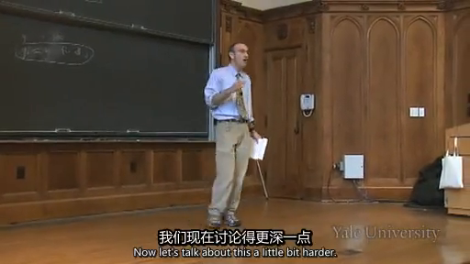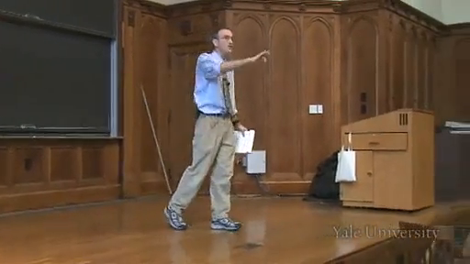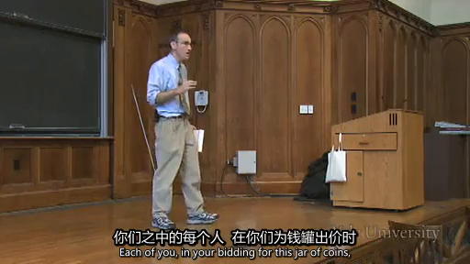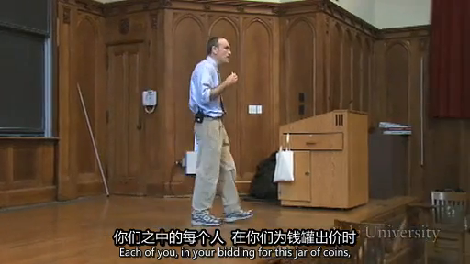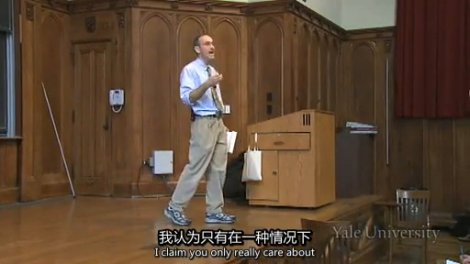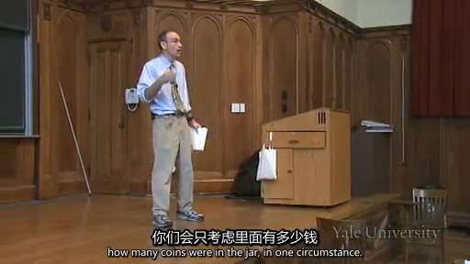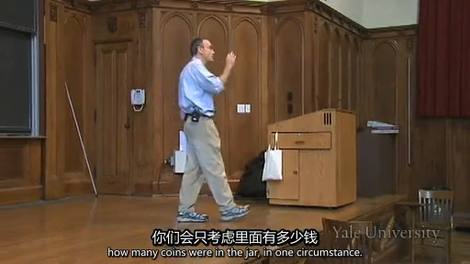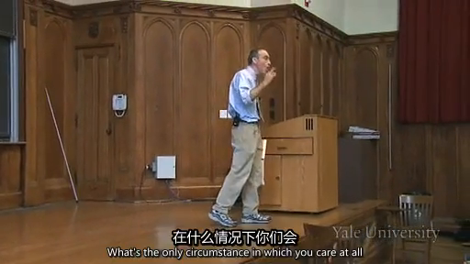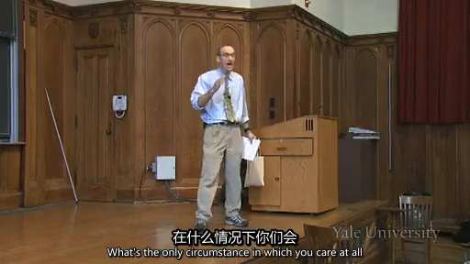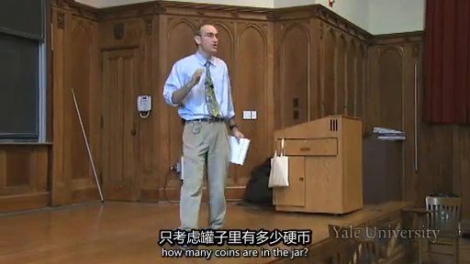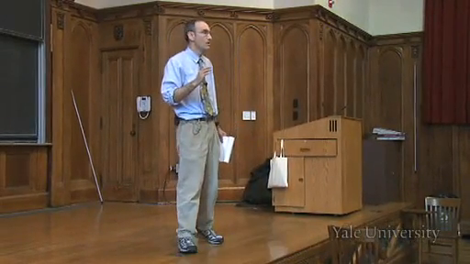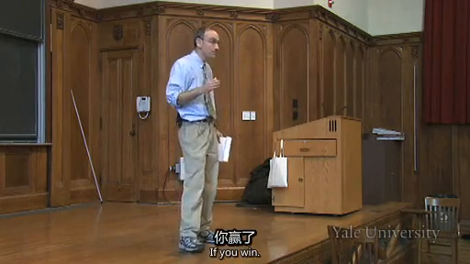Now let's talk about this a little bit harder. Each of you, when you're bidding for this jar of coins, I claim you only really care about how many coins were in the jar in one circumstance. What's the only circumstance in which you care at all how many coins are in the jar? If you win.